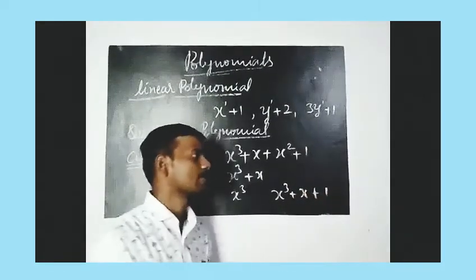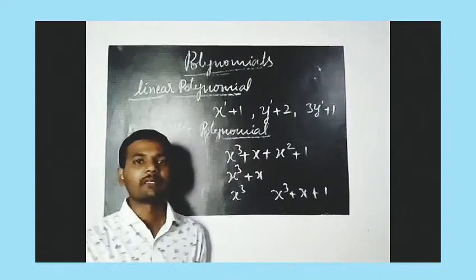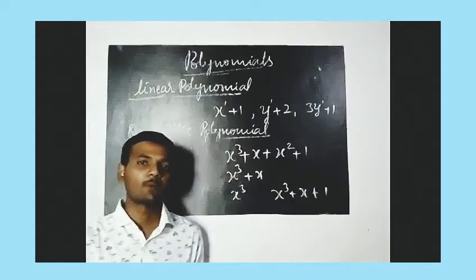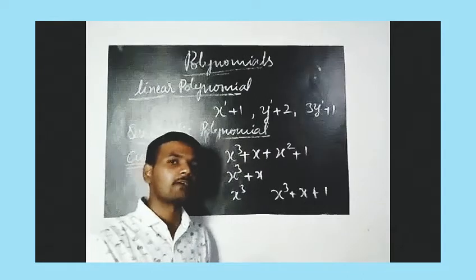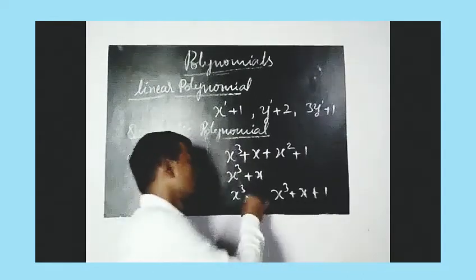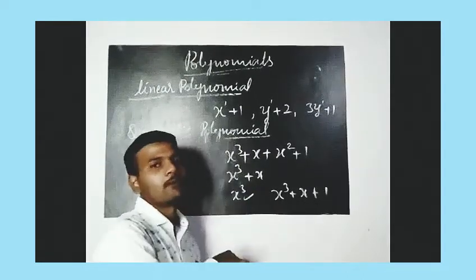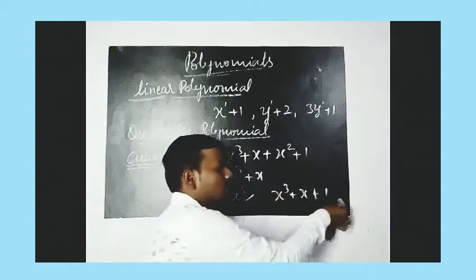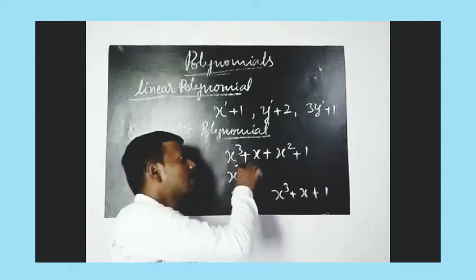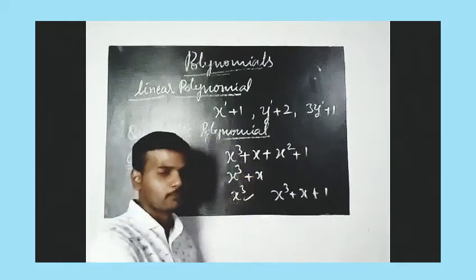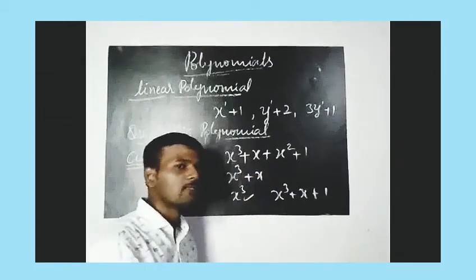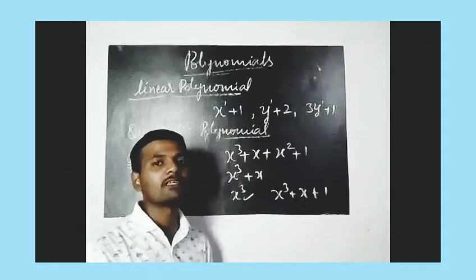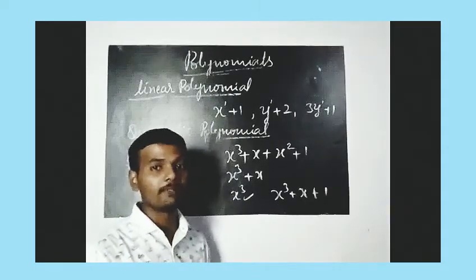Here the degree of the polynomial is 3 because the highest power is 3 only. So x cube is a cubic polynomial, x cube plus x is also a polynomial, x cube plus x plus 1 is also, and x cube plus x square plus 1 is also. These are all examples of cubic polynomials in one variable.